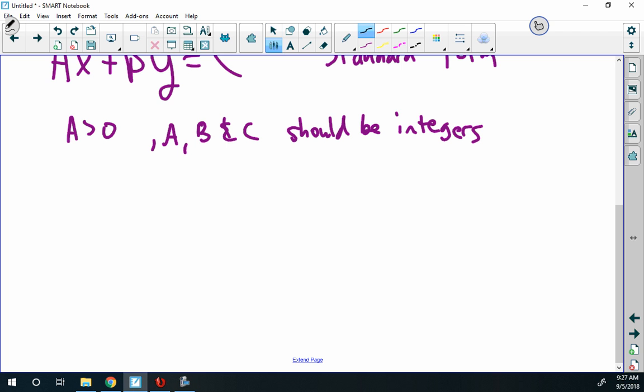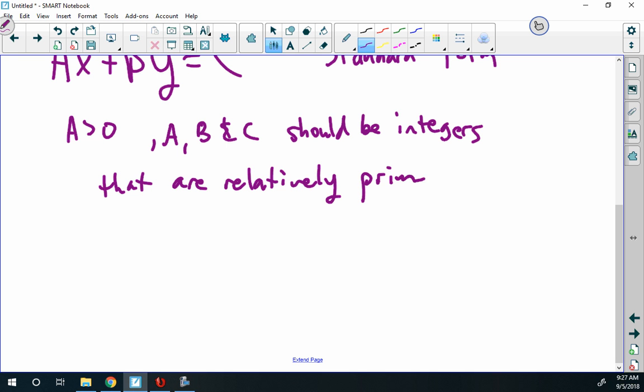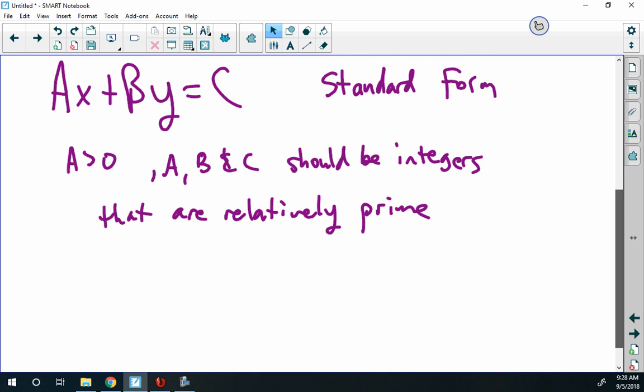And also, A, B, and C should be integers that are relatively prime. And we'll talk about that some other day, not today. So ax plus by equals c, where a is positive, a, b, and c are integers, and a, b, and c are all relatively prime.